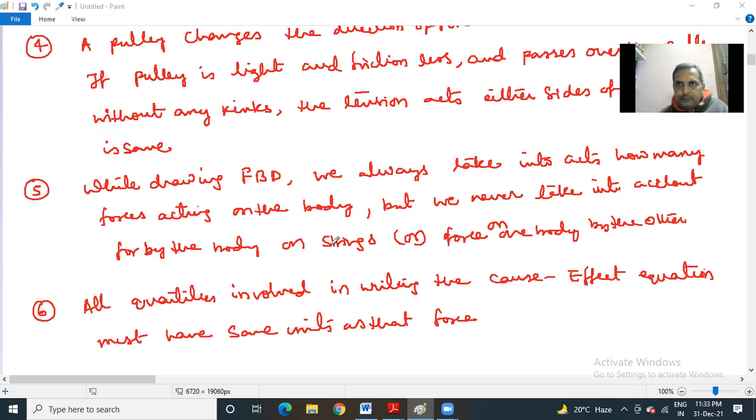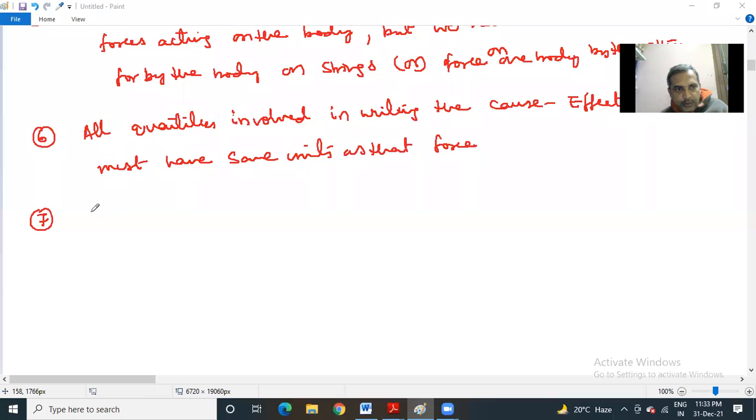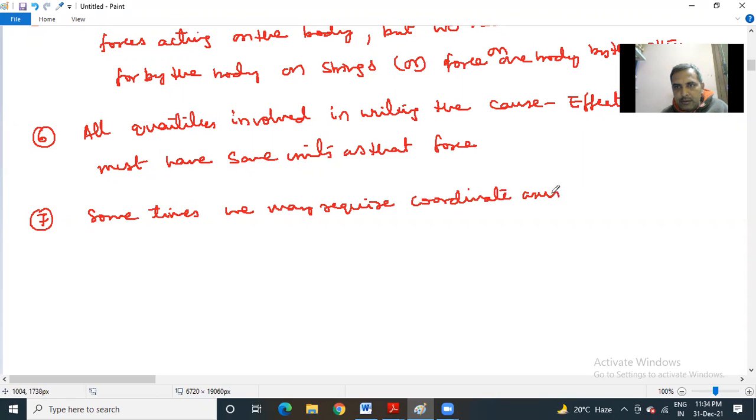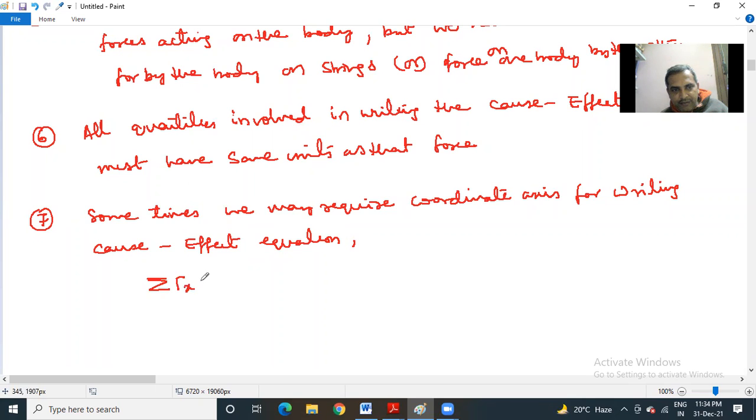Next point, the last point. Sometimes we may require coordinate axes for writing the cause effect equation. For example, along the x-axis, sigma of Fx is equal to 0.